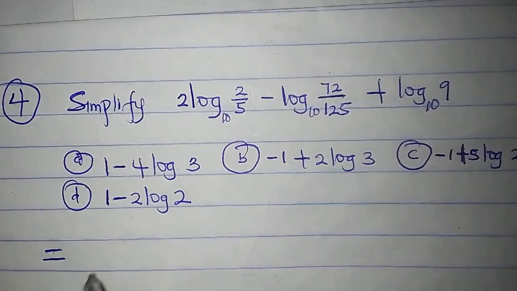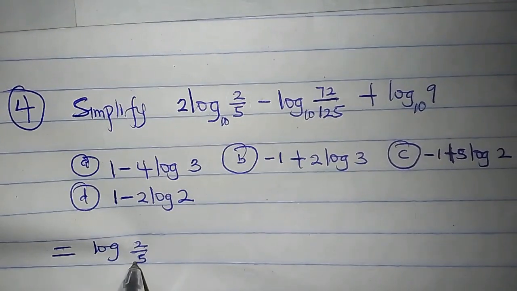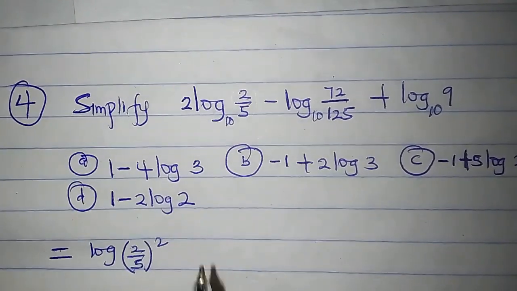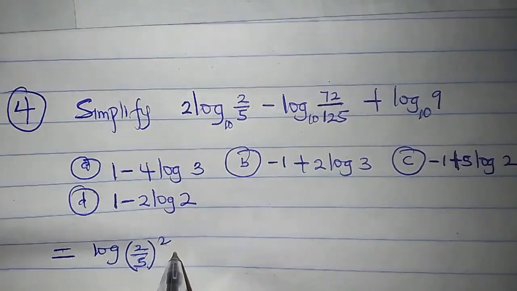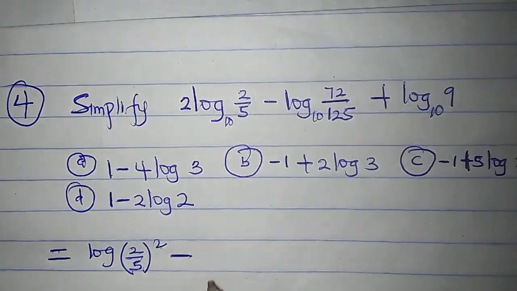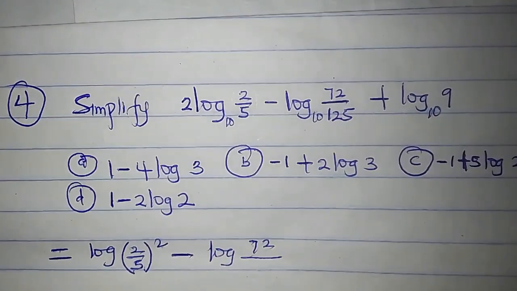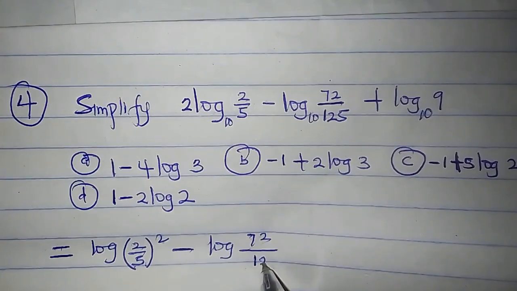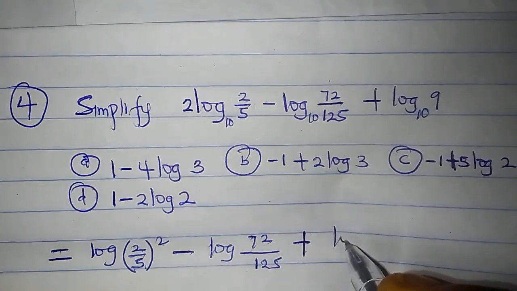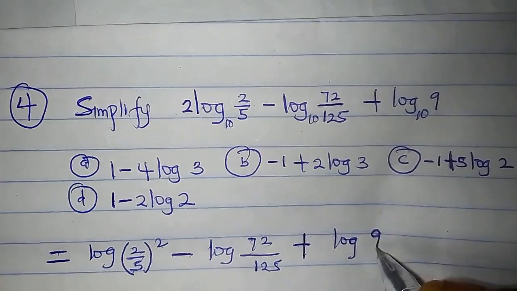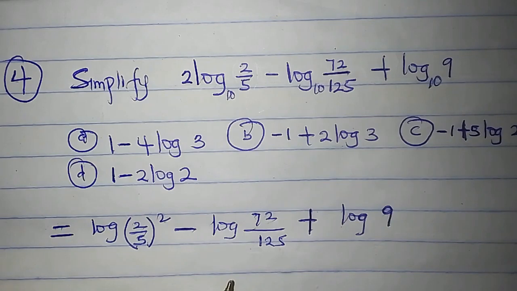So it is equal to log of 2 over 5 all squared, this is the 2 that's forming the square now, to base 10, minus log 72 over 125 to base 10 plus log 9 to base 10. Alright, I'm not putting the base yet, I'll put it later.